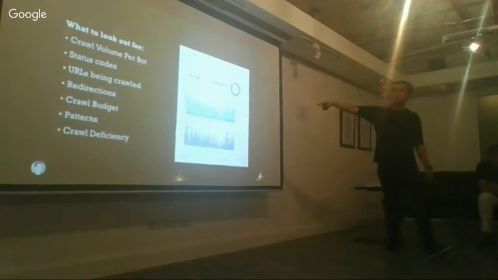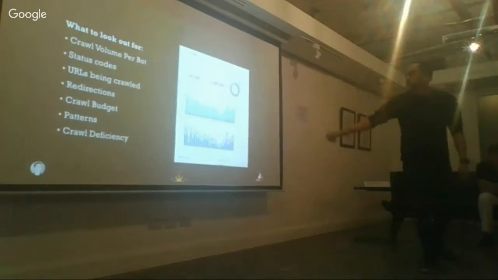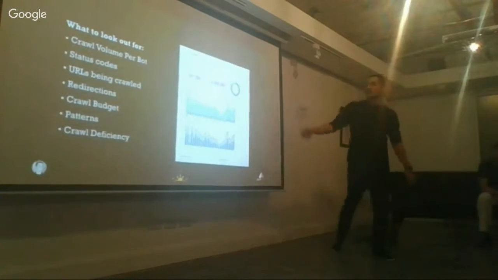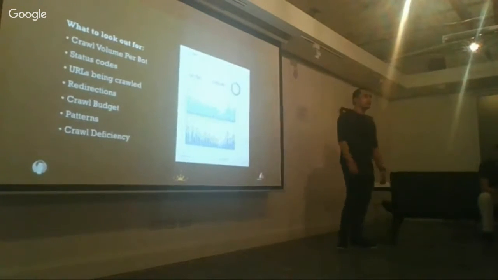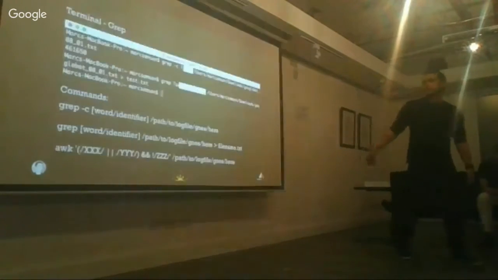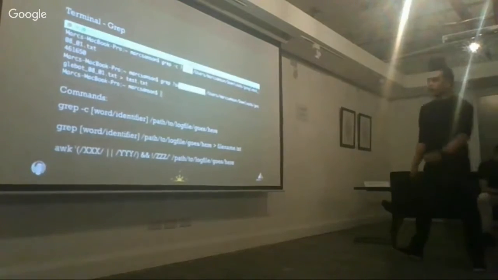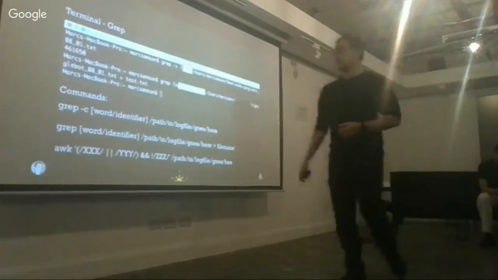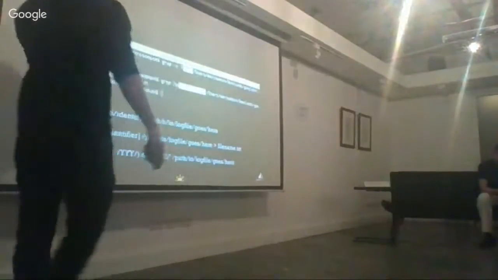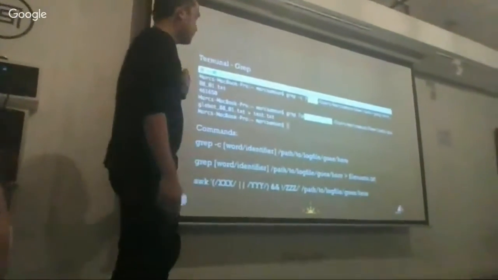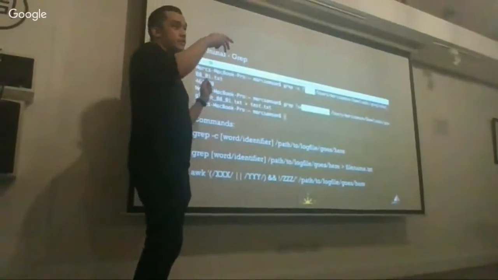This is on crawl. It shows you all the graphs, if it was clear, but it's basically status codes and the method. And this is Terminal grep. When you have a larger file, you can use grep commands. For example, say you want to know the count of the paginated parameter, page equals.